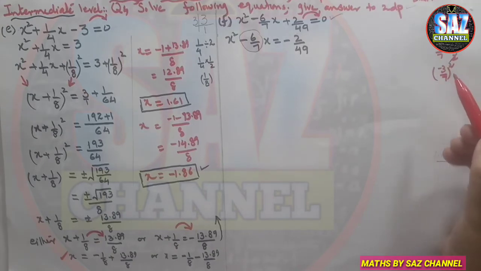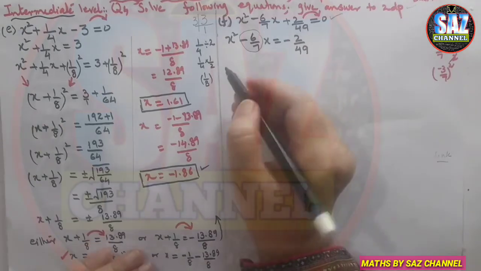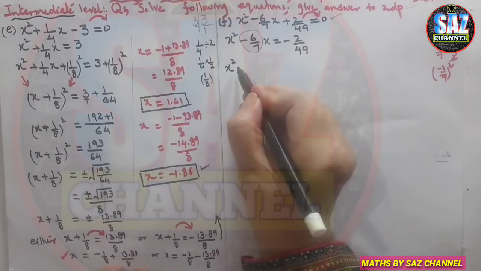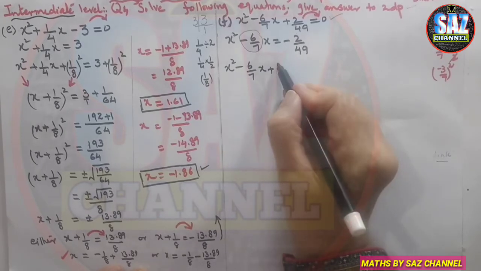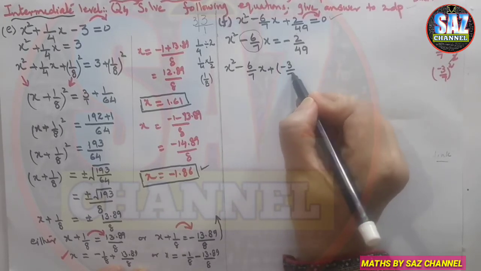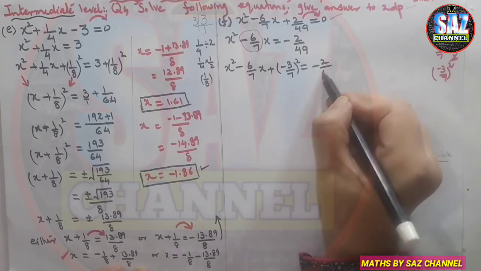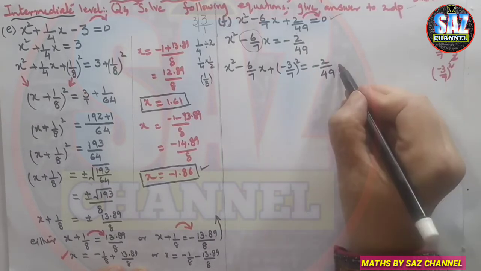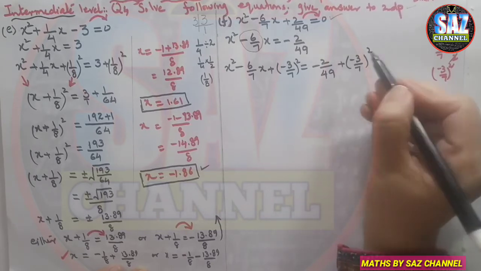Take the square and add the square on both sides. Now the equation will take the form x square minus 6 by 7x plus (minus 3 by 7) whole square equals minus 2 by 49 plus (minus 3 by 7) whole square.